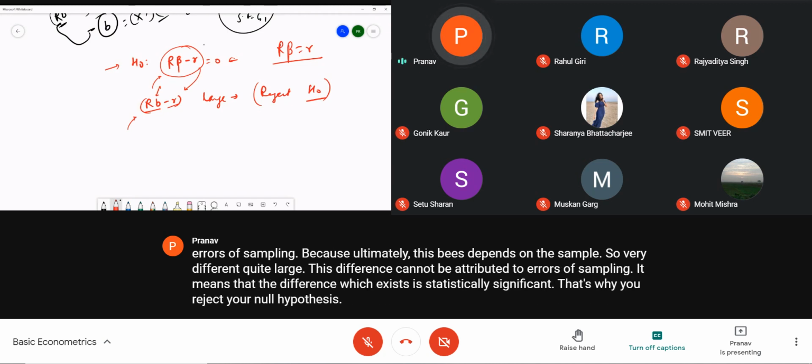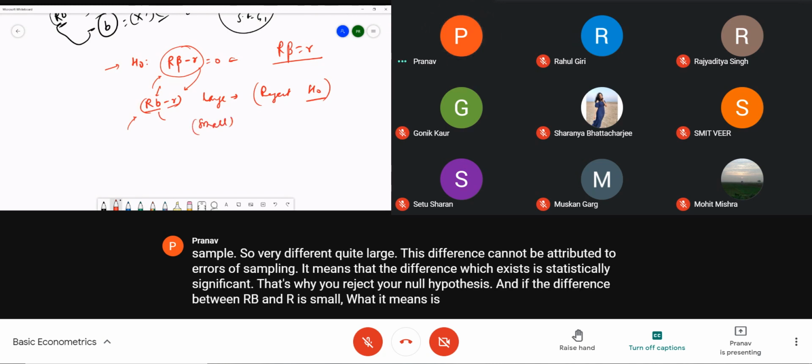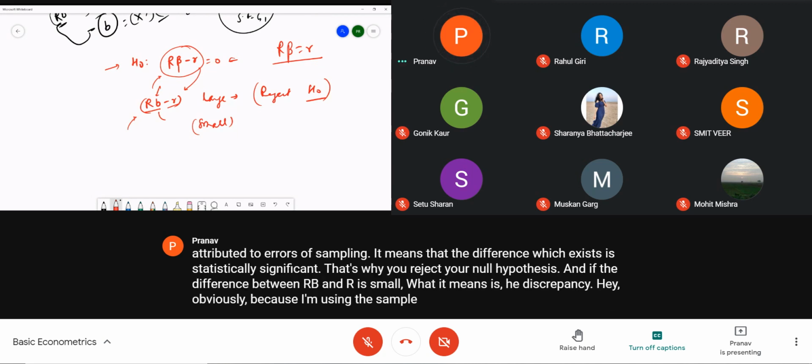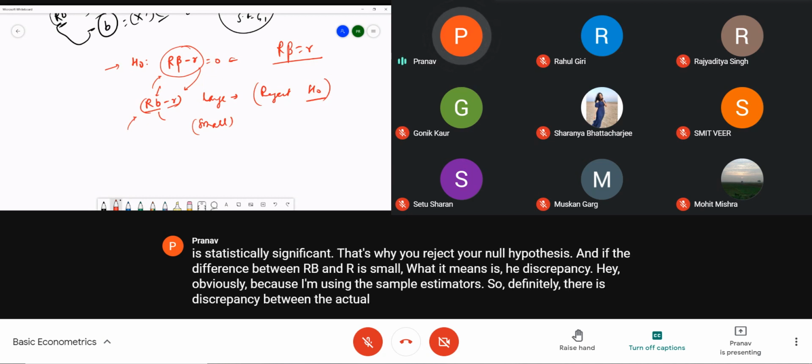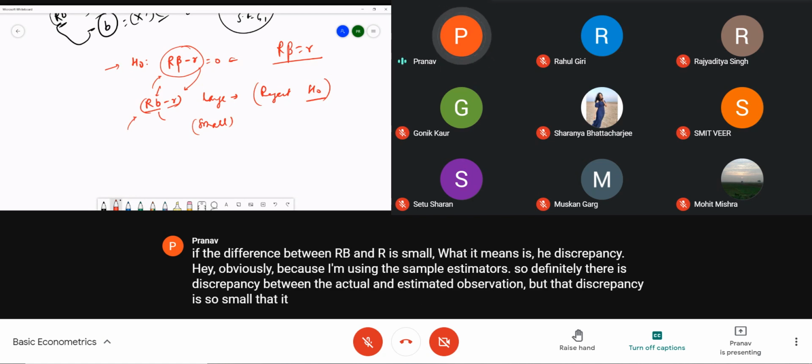And if the difference between Rb and r is small, it means there is a discrepancy, obviously, because I'm using sample estimators. So definitely there is a discrepancy between the actual and estimated observation, but that discrepancy is so small that it can be attributed just to errors of sampling.